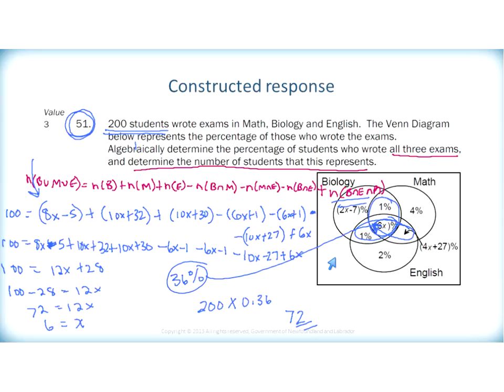So for example, if we had 5% outside here that didn't do any of these exams, then this would be 95%. So be very careful. Once again, be very careful when you're subtracting binomials here, or the intersect of 2 sets. So it is very important that you understand how to use this principle of inclusion and exclusion for the constructed response item.